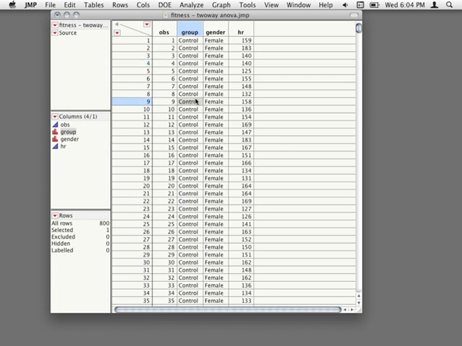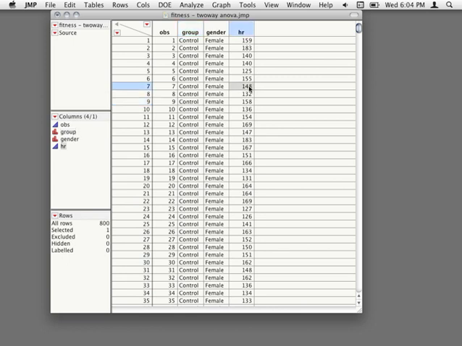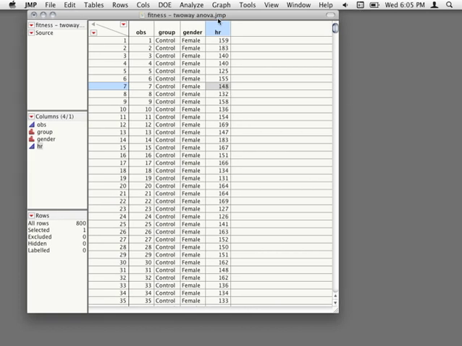So the question of interest was, after 6 minutes of running, would we find differences in their heart rate? I think it's 6 minutes after stopping running on a treadmill. Whatever it was, it was some measure of cardiovascular health that they were trying to get at with this particular data set.